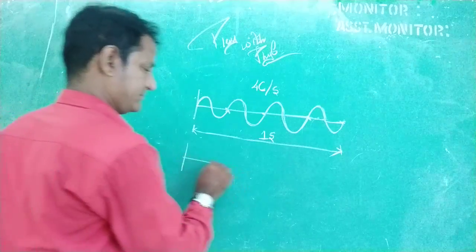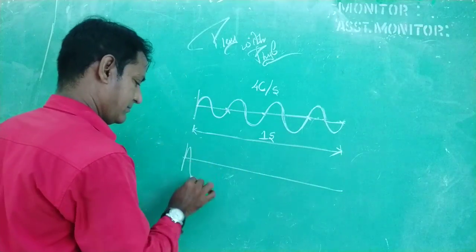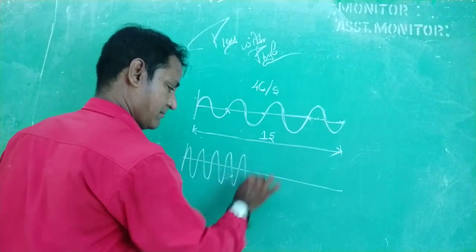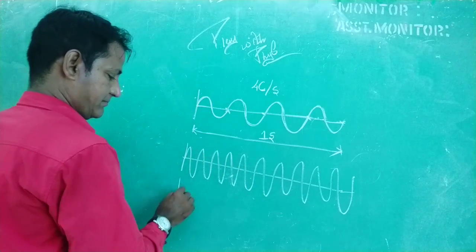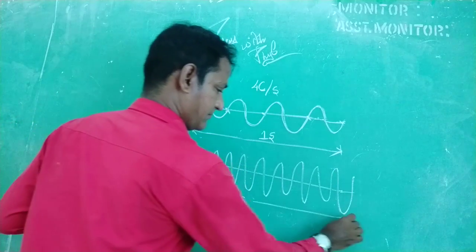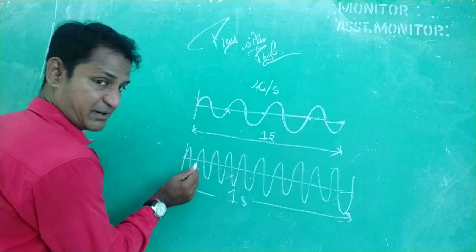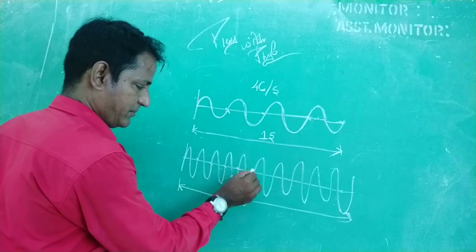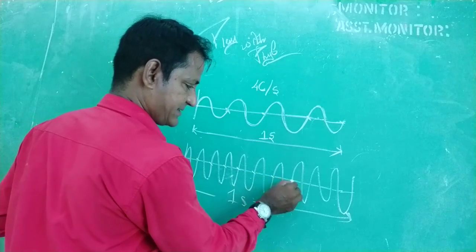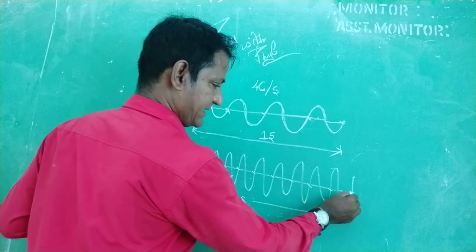Let me take another wave, for the same 1 second. So here the number of cycles are 1, 2, 3, 4, 5, 6, 7, 8, 9, 10.